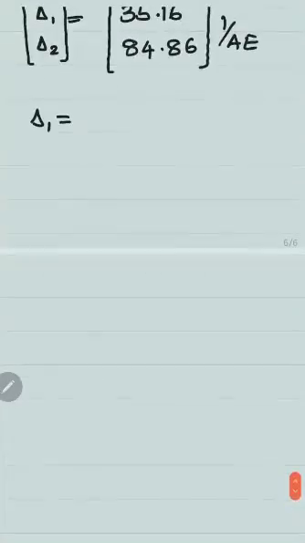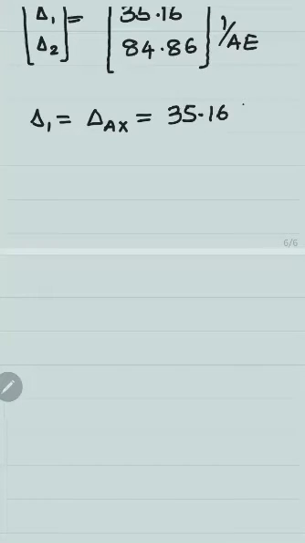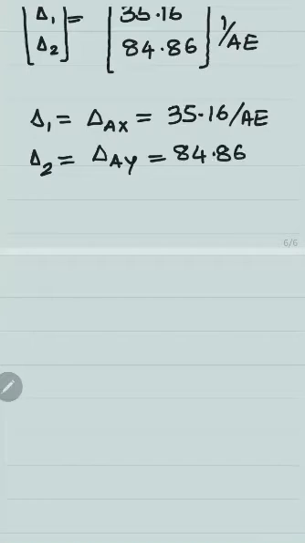So delta 1 corresponds to delta AX, which is 35.16 divided by AE, and delta 2 corresponds to delta AY, which is 84.86 divided by AE, right? So these are the unknown displacements.